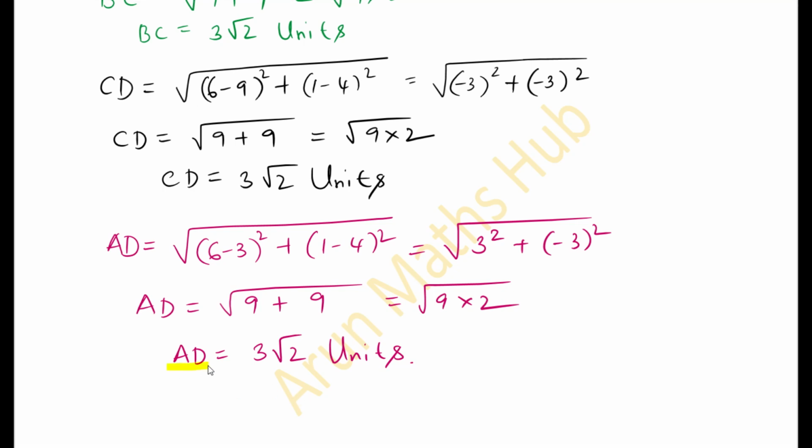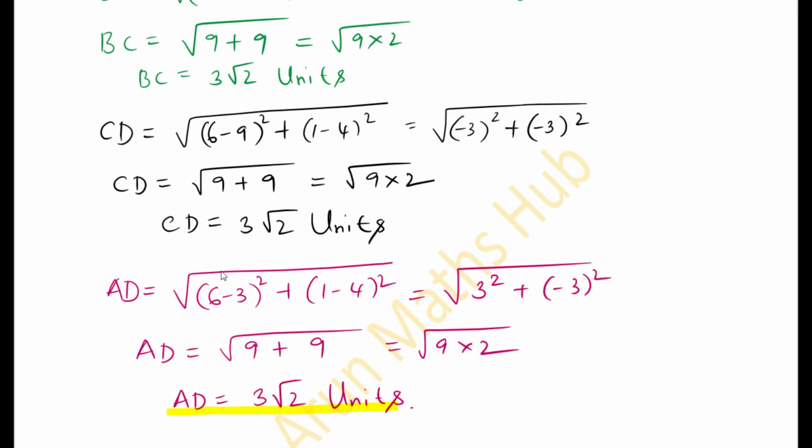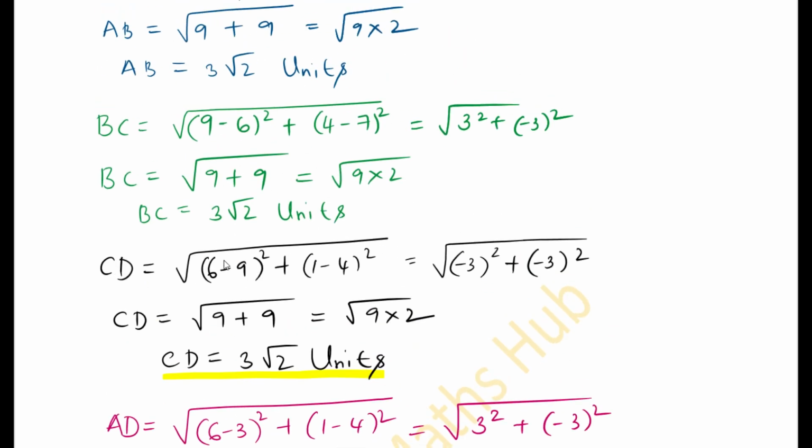Students, we have got AD as 3 root 2 units, CD as 3 root 2 units, BC as 3 root 2 units and AB as 3 root 2 units.